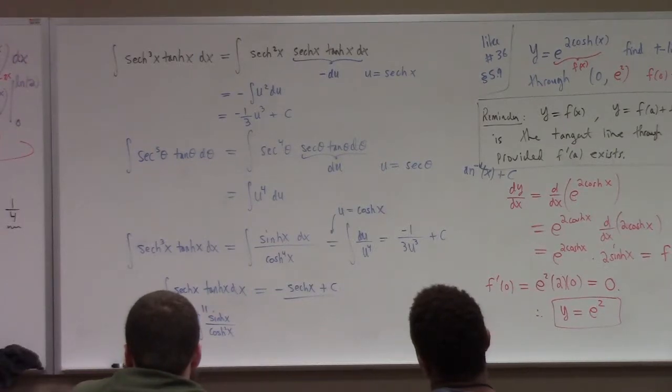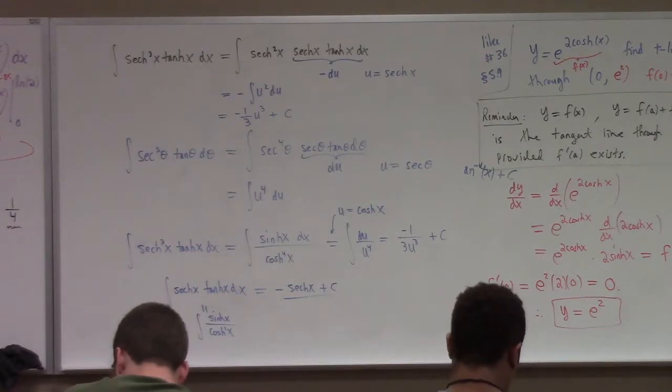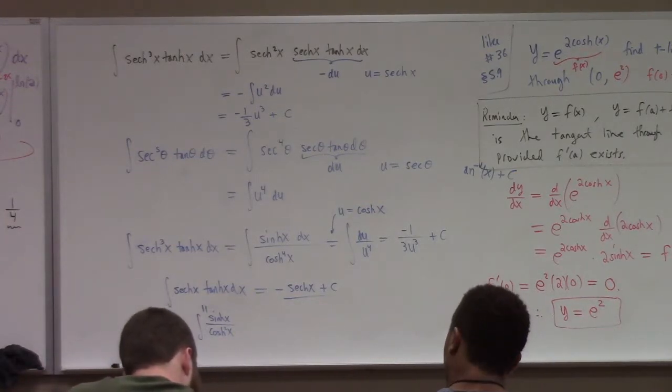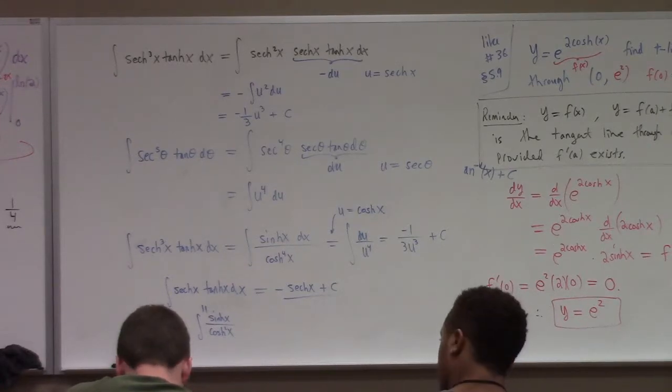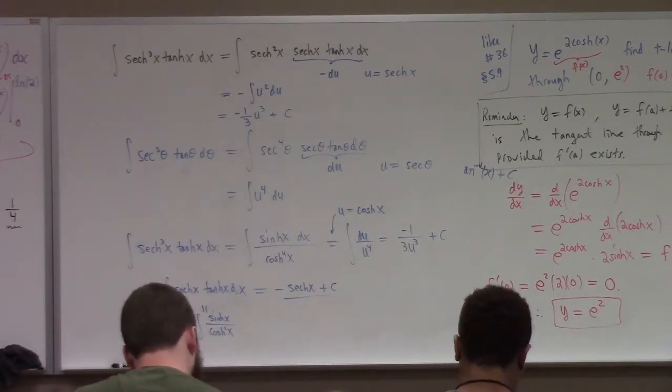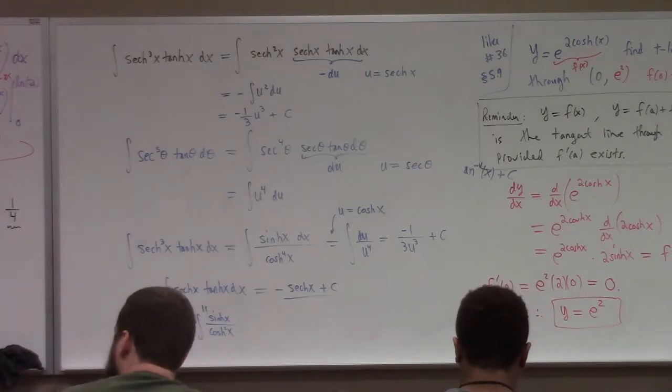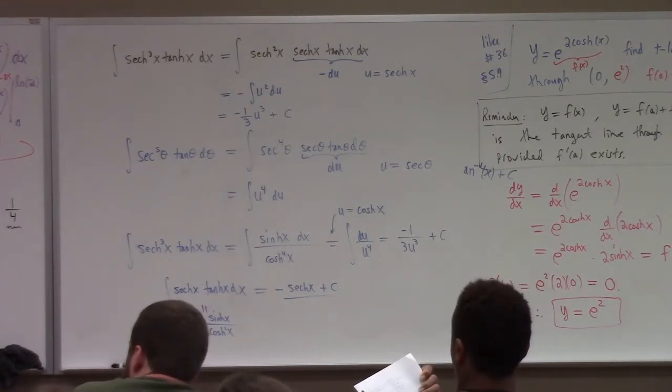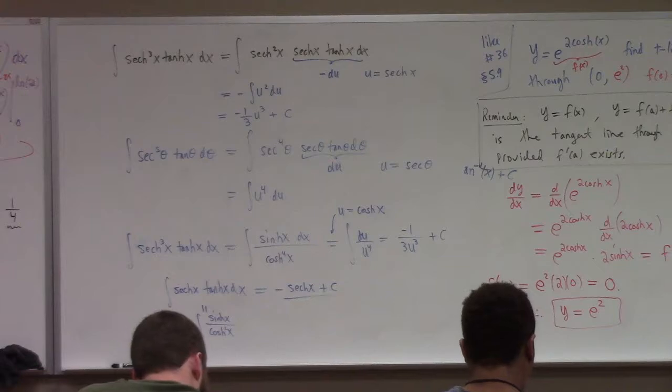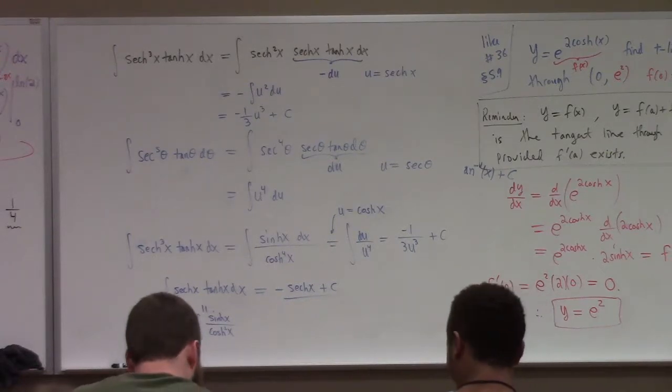Other questions? Yeah. Oops, sorry. Maybe. I'll take that under advisement. What was your question? In the front row? Oh, I had 8.1, number 52. All right, I'm going to choose which one's easier. Do both.